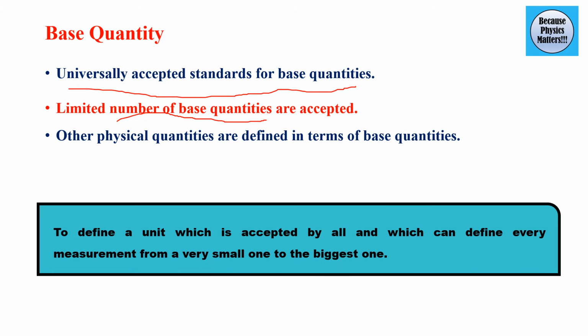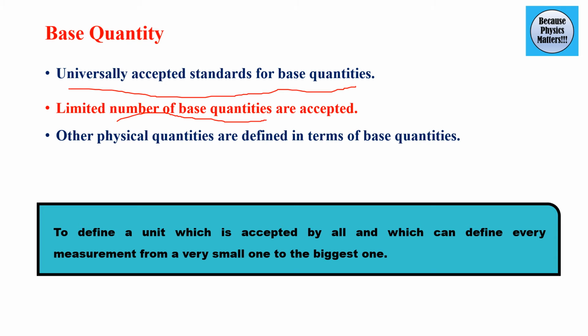The first question, when it was decided to define a unit, was to define a unit which is accepted by all and which can define every measurement from a very small one to the biggest one. So for example, let us suppose I want to define a unit for distance. The first challenge initially was that the unit must be defined and accepted by all.